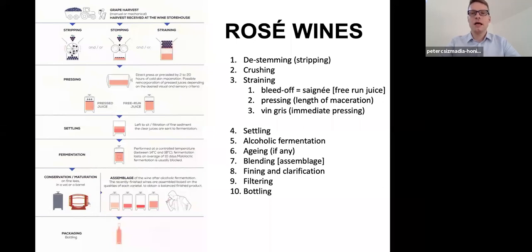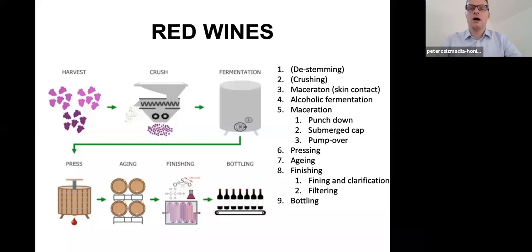Let us have a look at how red wines and red winemaking differ from what we've just reviewed here. When we make red wine, clearly we will need black grapes for this. Most of the red wines will be destemmed.